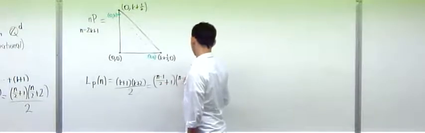So what we get is ((n minus 1)/2 plus 1)((n minus 1)/2 plus 2)/2, or I can write this as (n plus 1)(n plus 3)/4. Okay, and I can write the other one as (n plus 2)(n plus 4)/4.